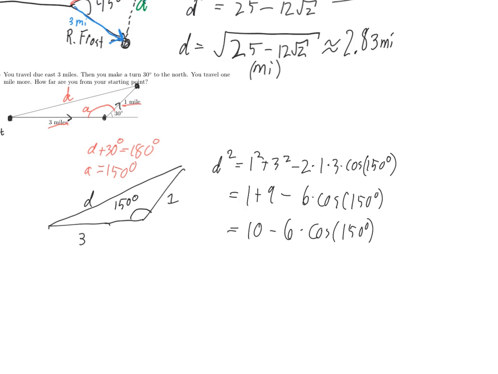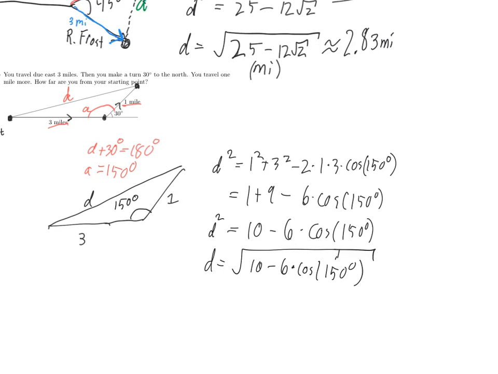And notice that is not the same as 4 times the cosine of 150 degrees. Some of you have real difficulties with order of operations. Be careful with your manipulations. Finally, I guess I just have to take the square root of both sides. Right? This is d squared. So that means d is the square root of 10 minus 6 times the cosine of 150 degrees.